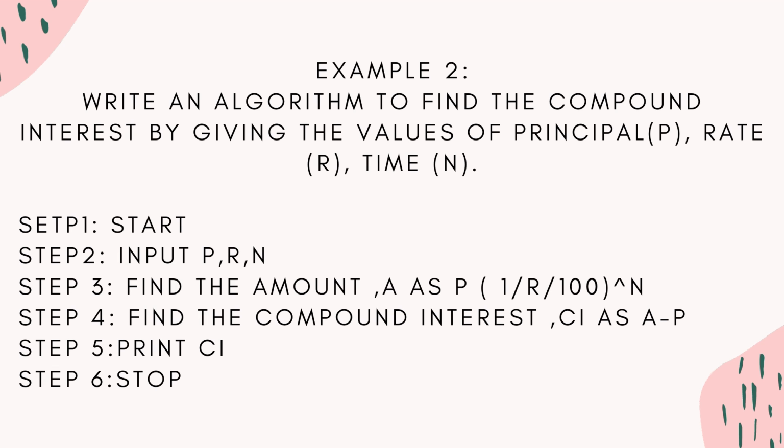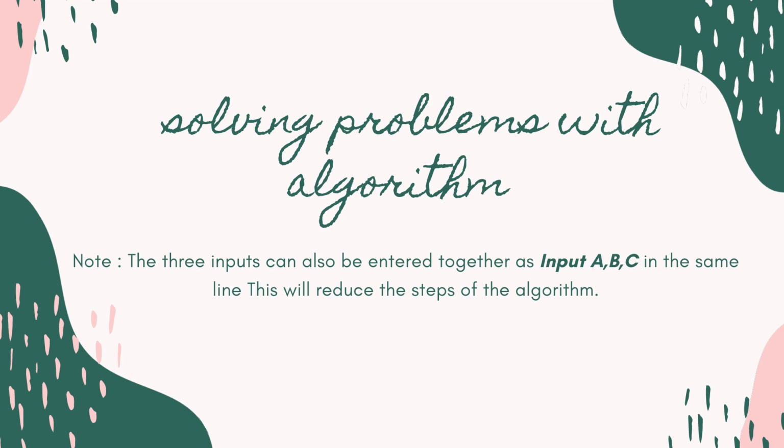In the first example, we divided the steps and increased the number of steps in the algorithm. But here we have a note which says we can write the inputs in the same line. How many inputs are there? You can write them in the same line.